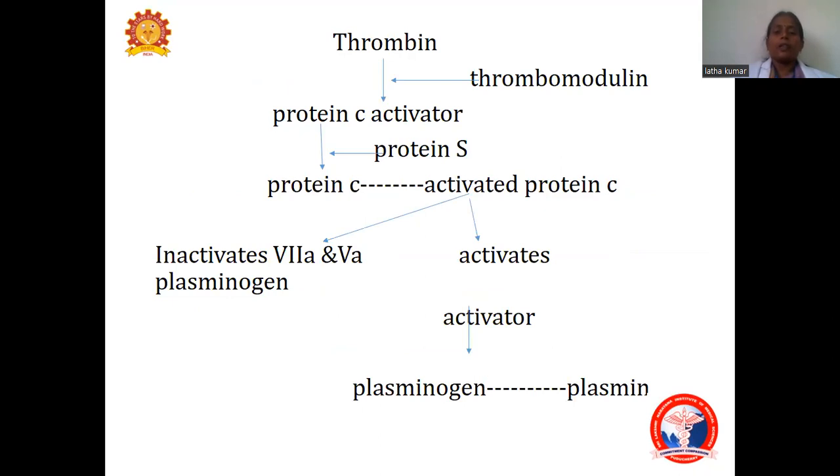With the action of protein S, the protein C activator acts on protein C and converts it into activated protein C. This activated protein C inactivates factors 8 and 5 and plasminogen activator inhibitors that prevent the conversion of plasminogen into plasmin.